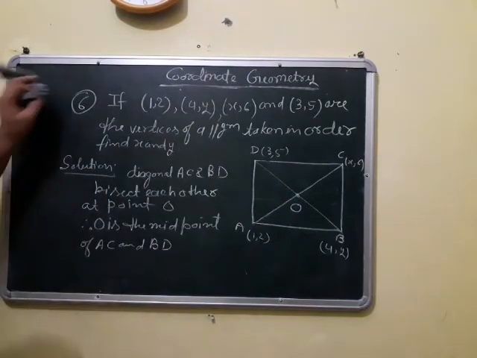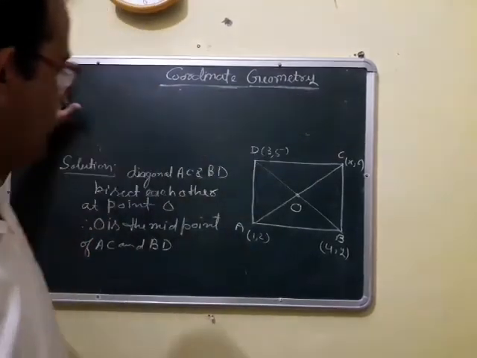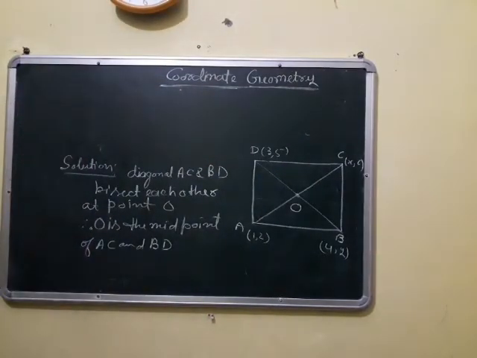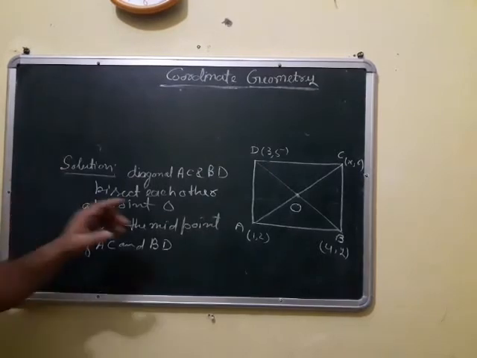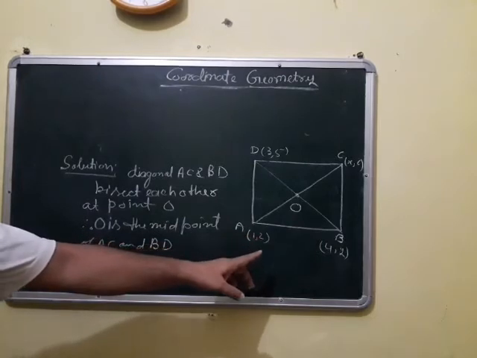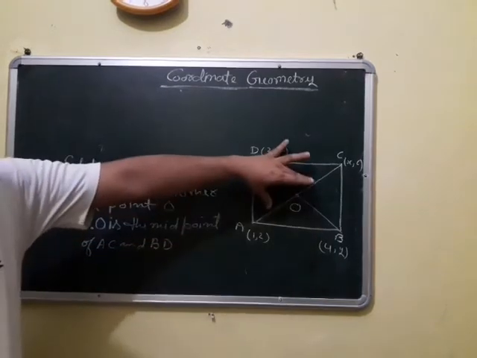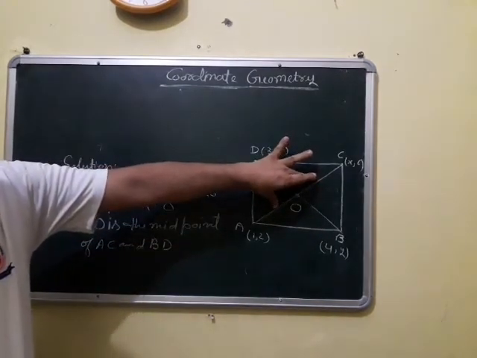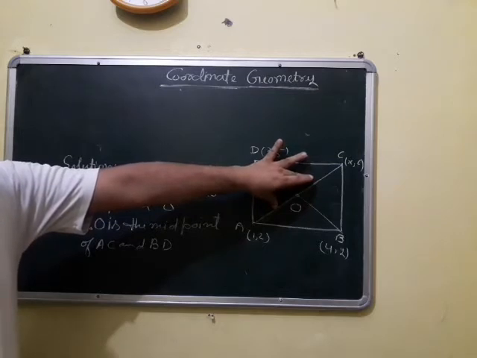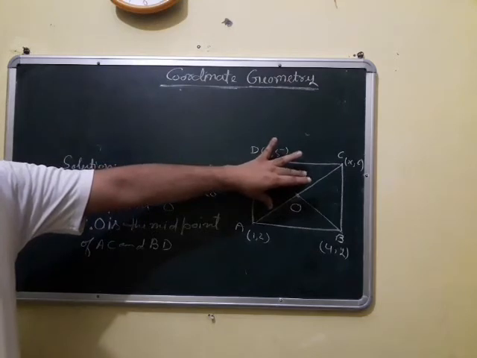Now look here. AC is a diagonal, so what will be the coordinates of O? What do we need to find? The midpoint. So we use the midpoint formula.